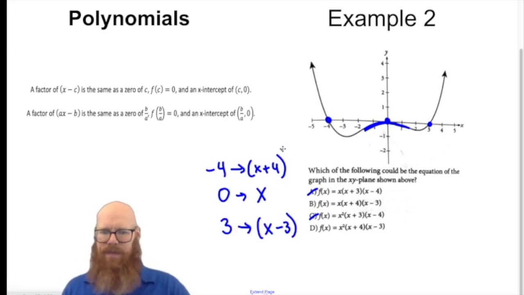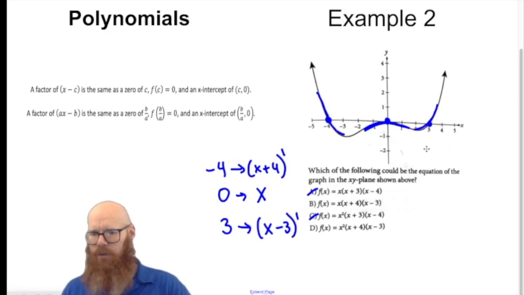Notice that these other two have multiplicity 1, which is why the graph just goes through like a linear function in both cases. But at 0, it bounces off. So x is not good enough. It has to be x squared to give us that bouncing action, or think of x squared like a parabola. So the answer has to be D.